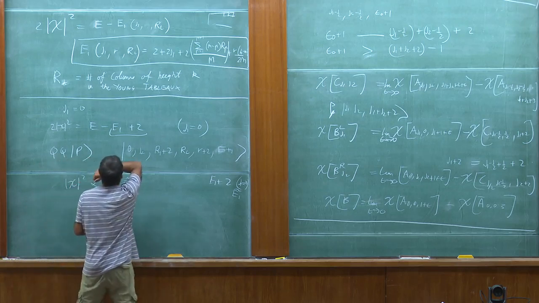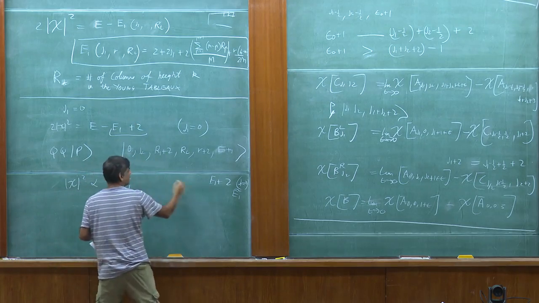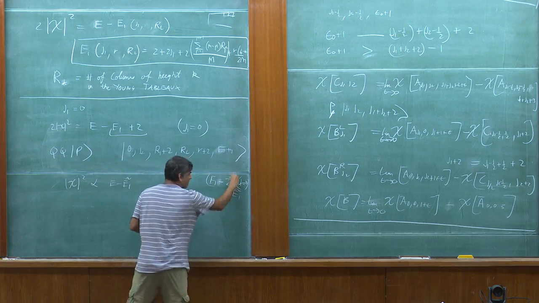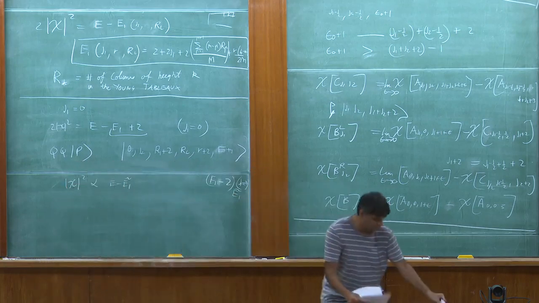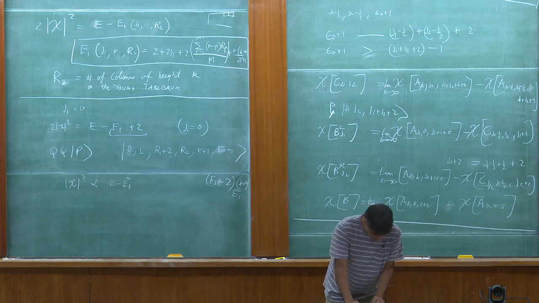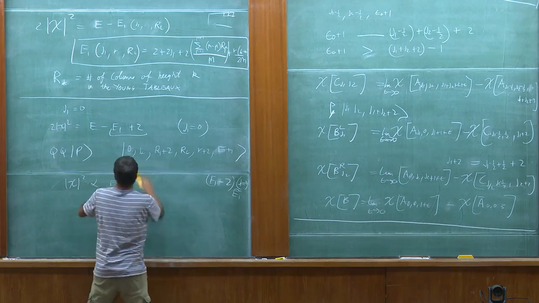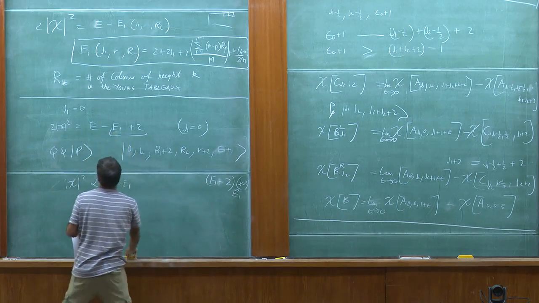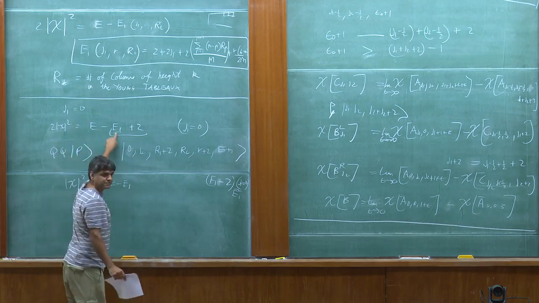So this E1 tilde will be E1 minus 2. Okay, let me check that. No, I'm sorry. This is just E1. Just E1 at J equals 0. Okay, no 2.